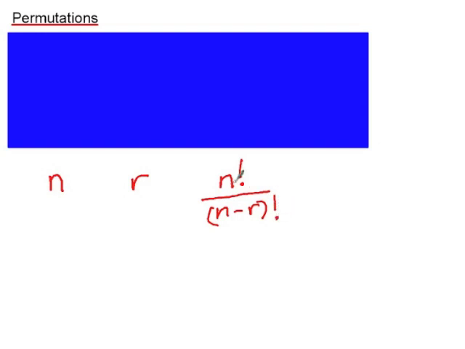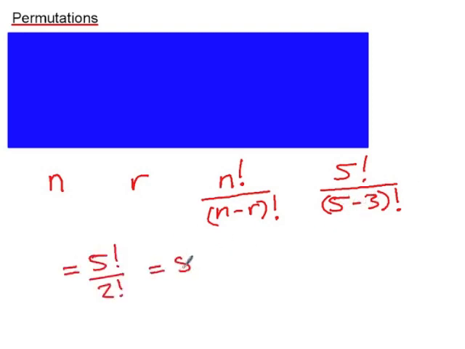In this case, we were choosing from 5 letters and we wanted the number of permutations of 3-letter words. It's 5 factorial over 2 factorial. So that just leaves us with 5 times 4 times 3, 60. So 60 permutations of 3-letter words chosen from the 5 letters.